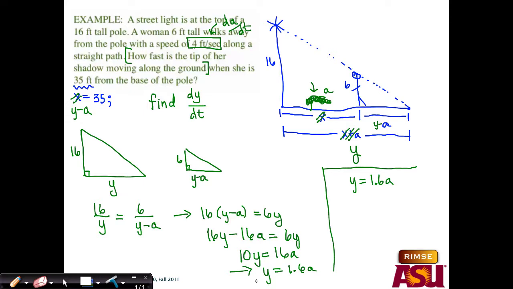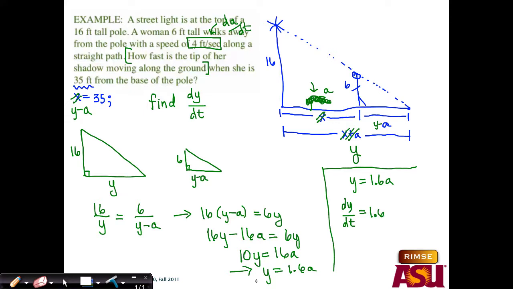So in any case, if I have Y equals 1.6A, then the derivative of Y with respect to time, how fast the shadow's moving along the sidewalk, how fast the tip of the shadow's moving away from the streetlight, a stationary point, is going to be 1.6 times how fast A is changing with respect to time.